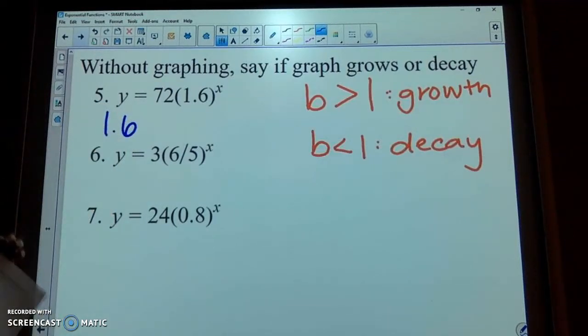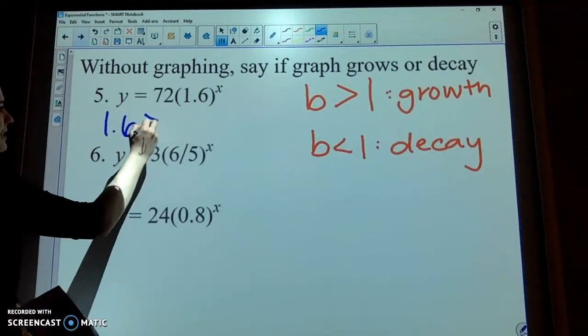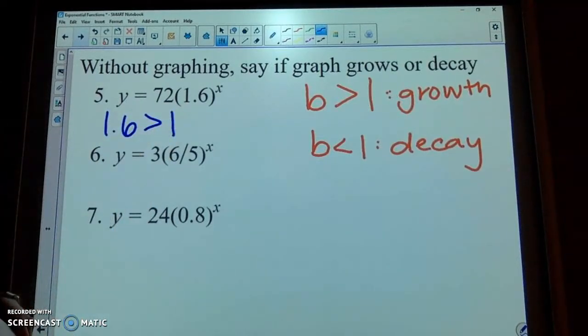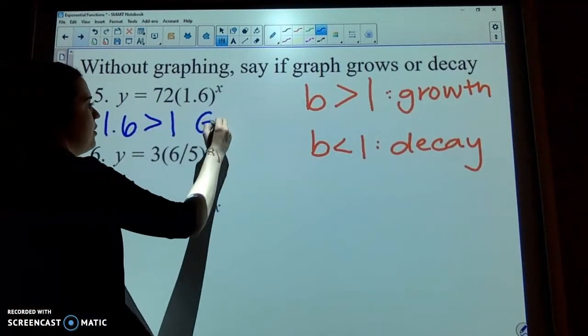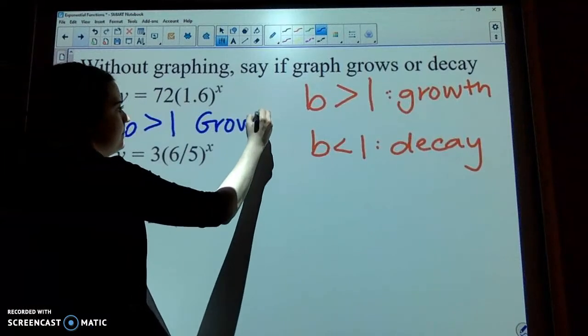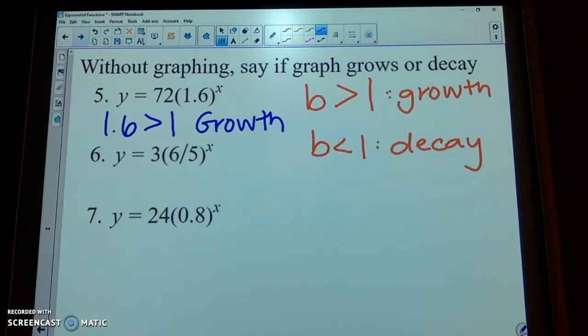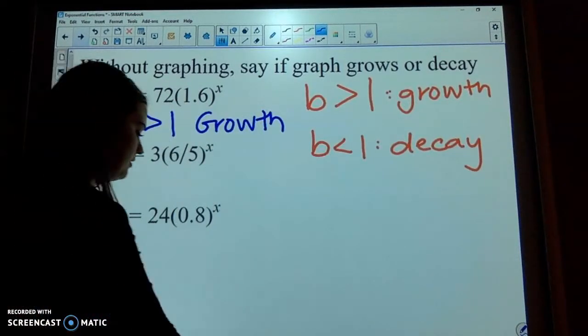1.6. Since we are almost at the end of our high school career, we should know that 1.6 is greater than 1, which means it is a growth. All right, 6/5.